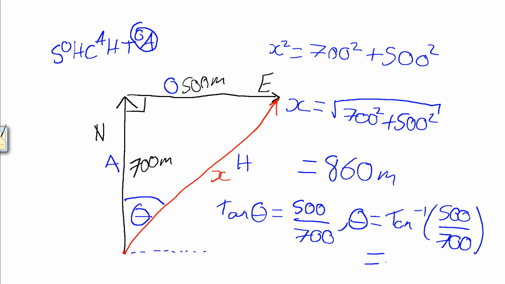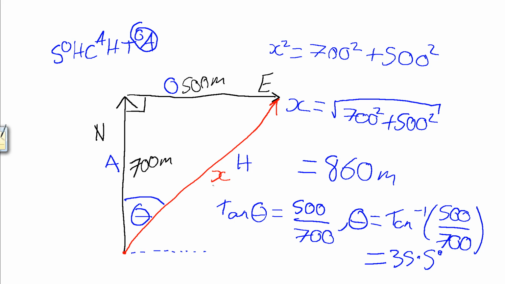And if you put that into your calculator, then you'll find you get about 35.5 degrees. So this angle theta here, we've just found out to be 35.5 degrees, and the magnitude is 860 meters.